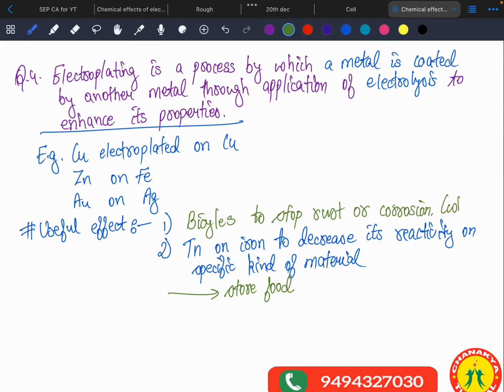Basically we use cycles in outdoor activities, so there can be rain also. So in order for the cycle to stop from rusting, we electroplate the handles and the wheels so that they don't rust.